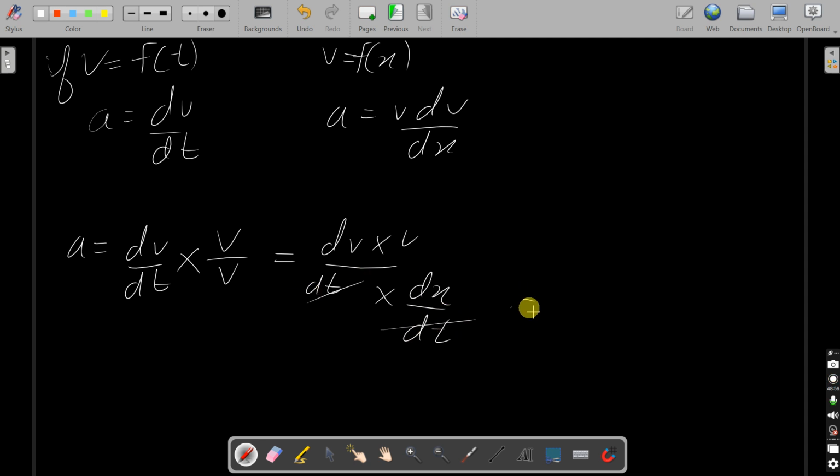So we have v dv upon dx. So if they don't give you velocity as a function of time, you can calculate acceleration by the function of position, v dv upon dx.